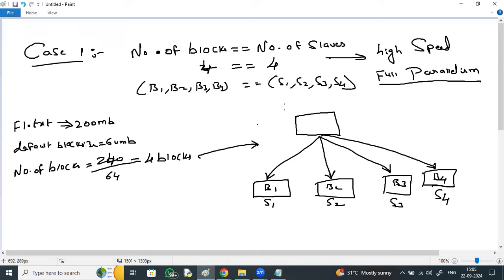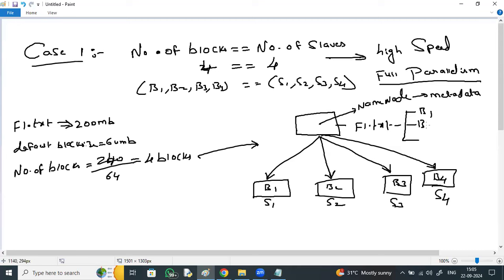Within the master node, we have got a service called the name node. The name node maintains the metadata information. Metadata means data about data. It won't store the actual data, but the metadata. For example, f1.txt is divided into how many blocks?